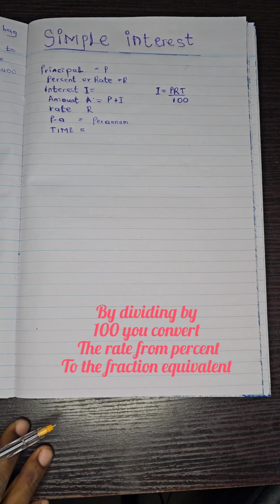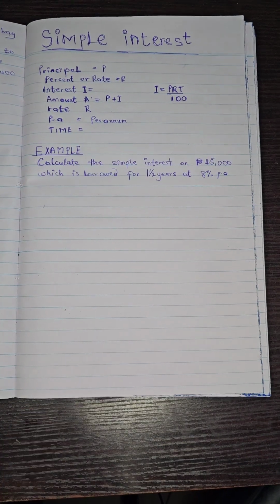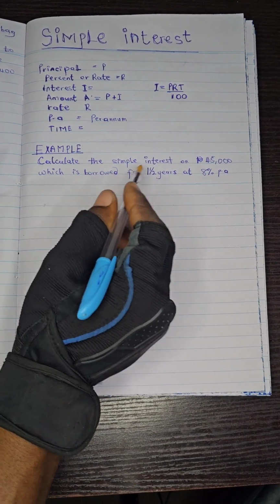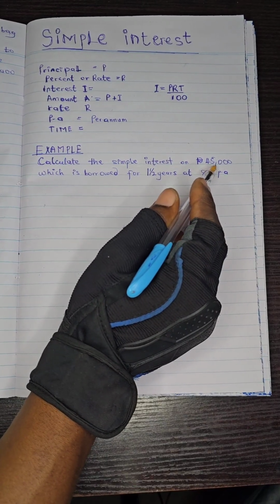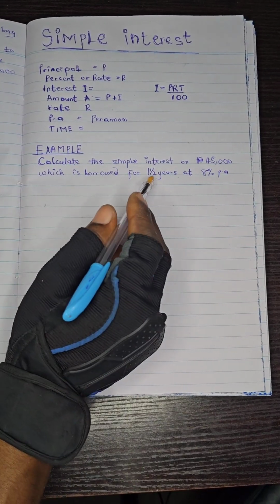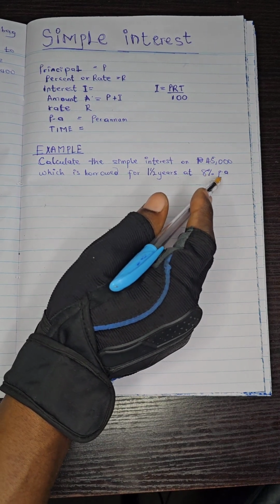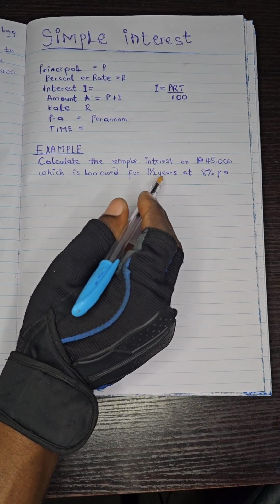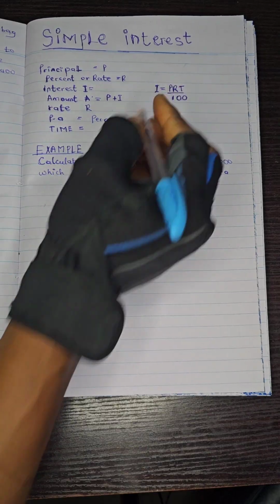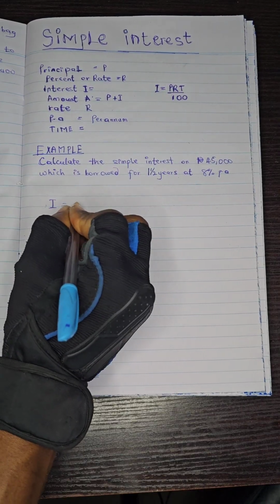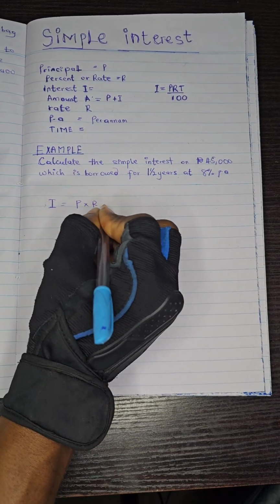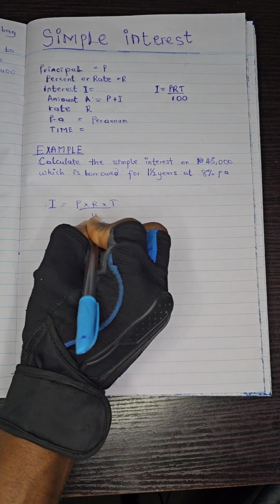So let's solve the first example we have in this class. Calculate the simple interest on 45,000 naira, which is borrowed for 1.5 years at 8% per annum. Now we are sure this rate is per annum, and we are sure this time is in years, so we can just solve it simply with our formula, which says PRT all divided by 100.